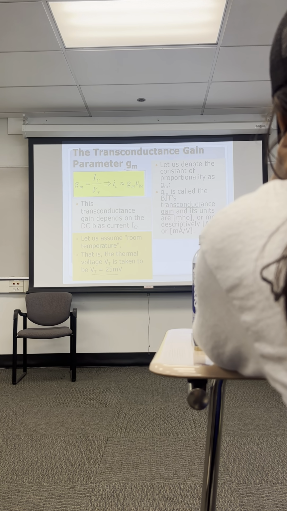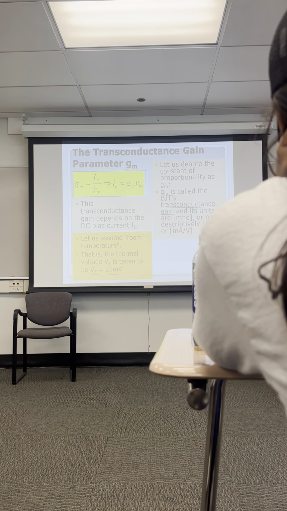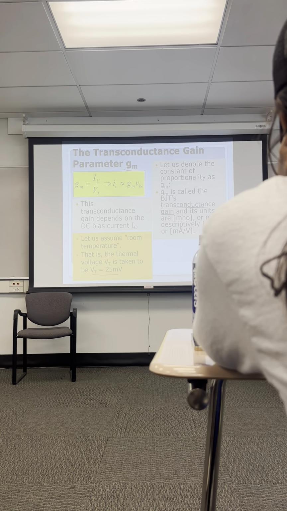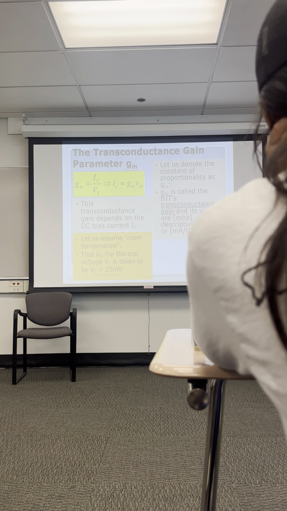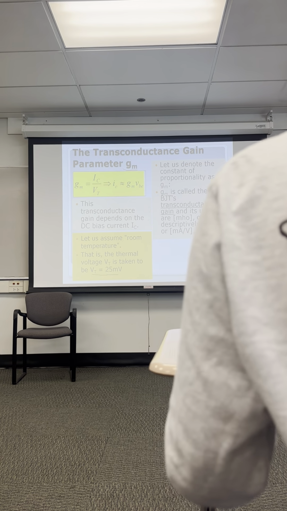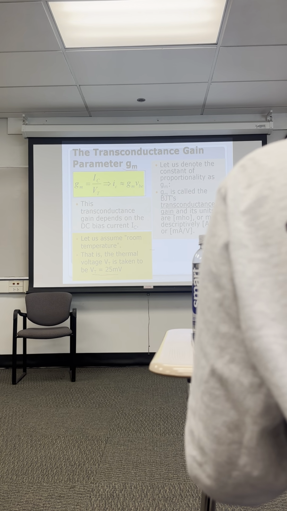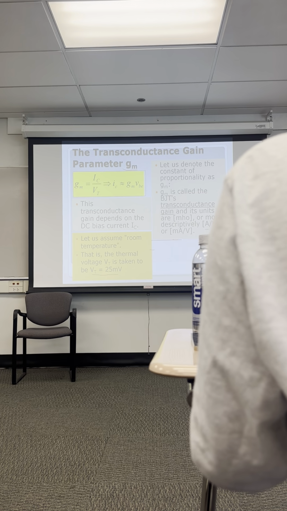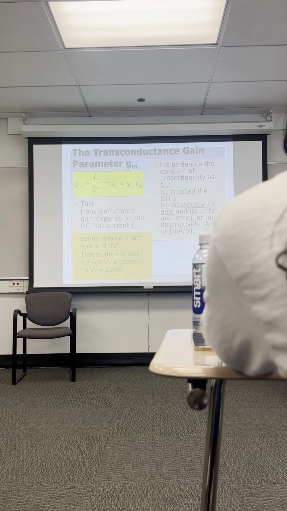If V sub T is not given in the problem, we understand that it's around 25 millivolts. This is our first small signal parameter, called transconductance. The units are milliamps per volt, or we can put it into amps per volt.